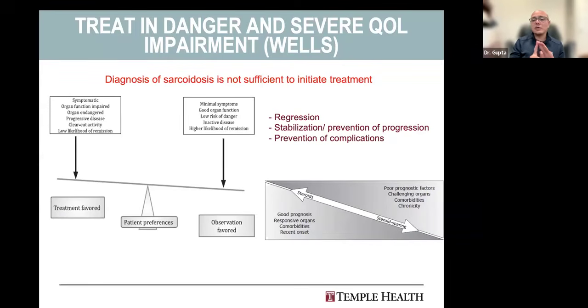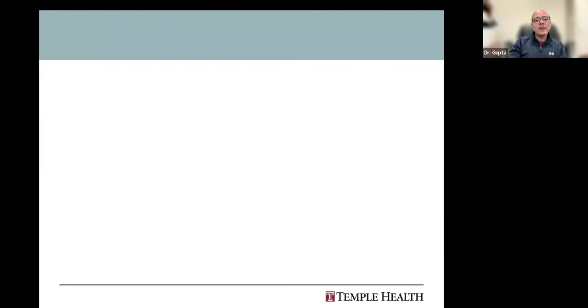Responsive organs, especially lungs, kidneys, etc., we can try to just do steroids. And if the disease is recent in onset, when we feel that it's going to be only for a few months, and then maybe we will be able to get off, then we can try that. But we don't want to have people on chronic, long-lasting steroids.